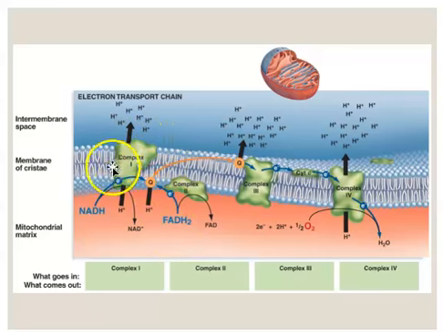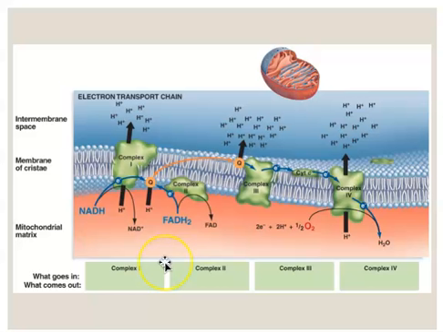The electron transport chain is drawn as these green complexes, numbered 1 to 4. So NADH and FADH2 come in and donate electrons to the electron transport chain. And those electrons are going to get passed from complex 1 to complex 2 to complex 3 to complex 4 and finally to oxygen.